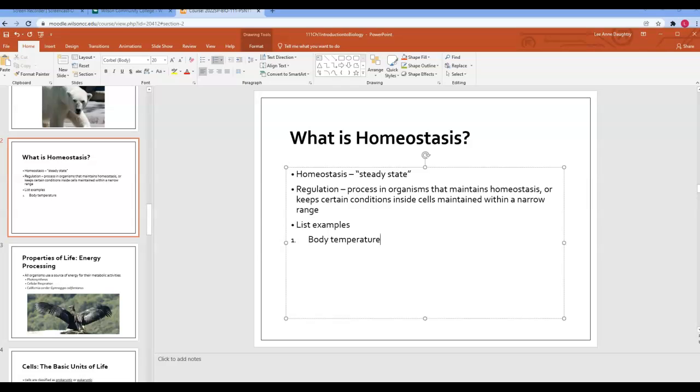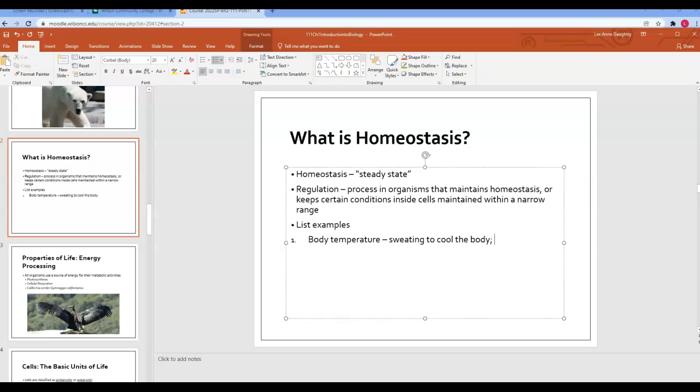And different organisms maintain body temperature in different ways. But humans, for example, if they are hot, they have certain regulatory mechanisms which will cool them off, which will lower their body temperature. So some of these things will be sweating to cool the body.